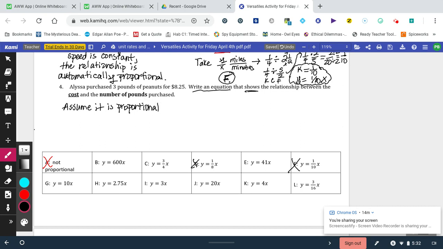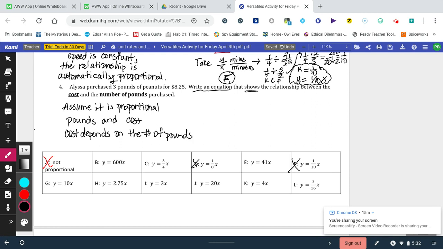All right, so we know that we have pounds as a unit and cost because it costs $8.25. All right, but I know that cost depends on the number of pounds.